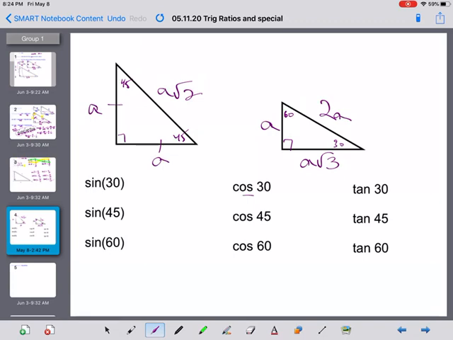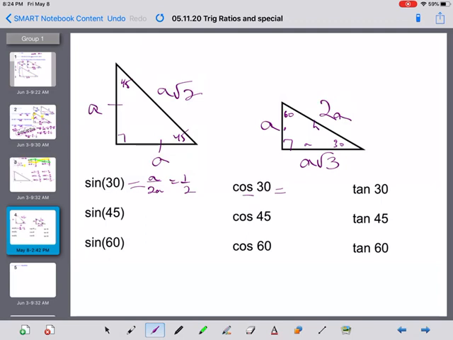So you can actually find for any 30-degree angle the sine ratio, because it is opposite over hypotenuse. So A over 2A is simplified to a half.